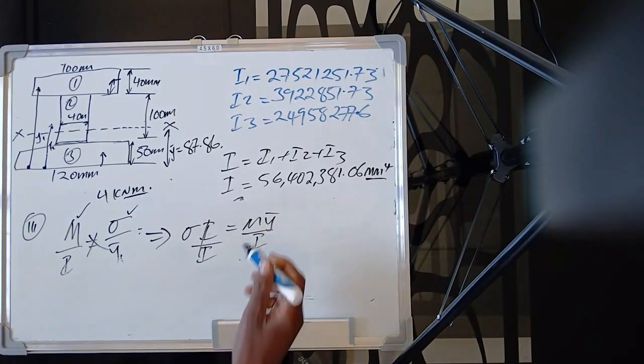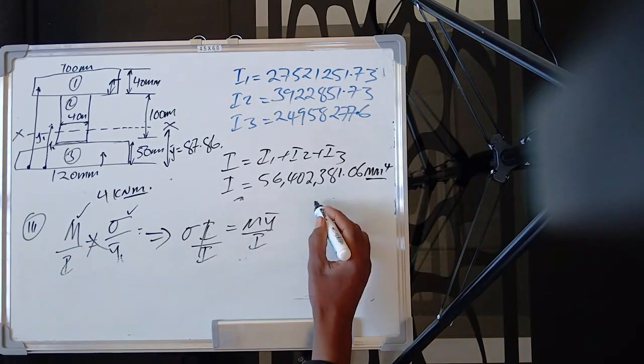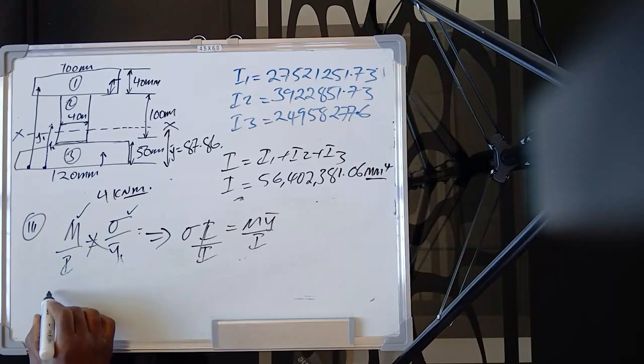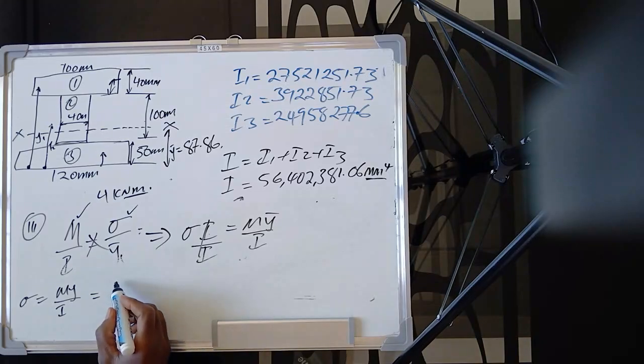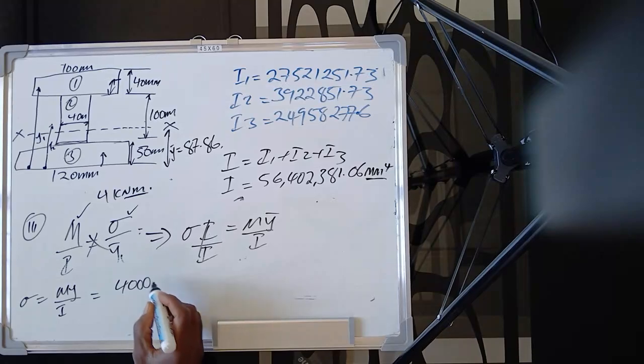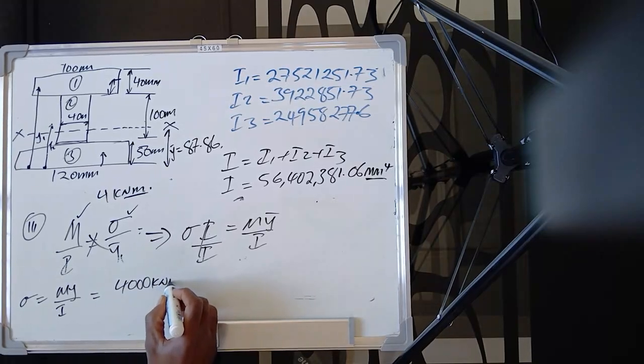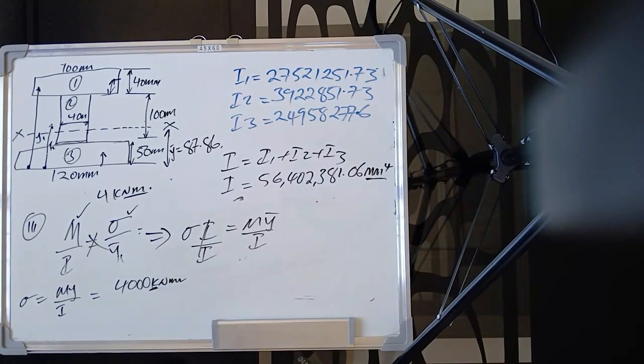So remember we said stress is equal to M y over I. The bending moment is 4,000 kilonewton millimeter. But remember that kilo is 1,000, so at this point we need to convert it.